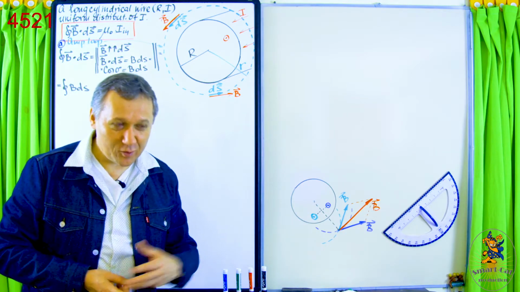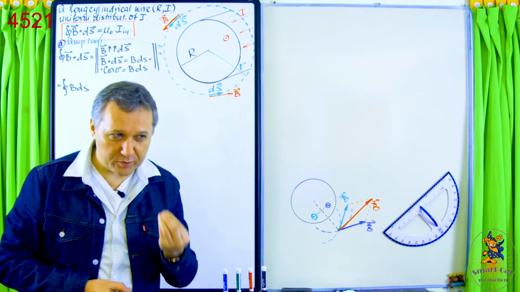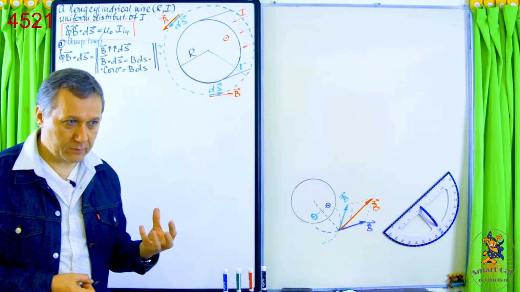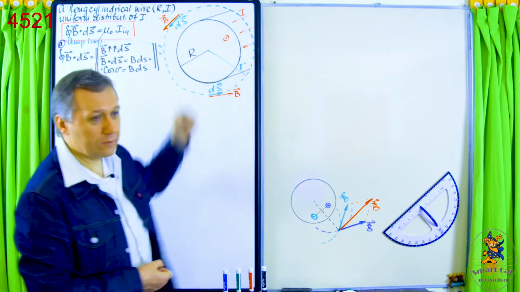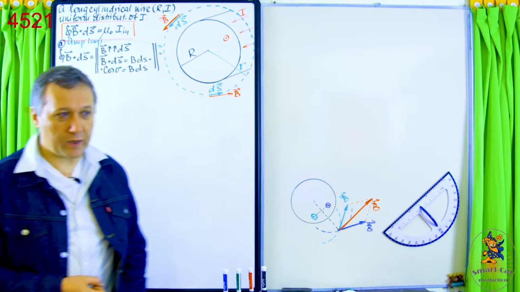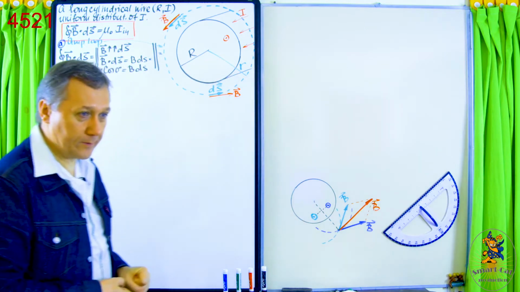So on top of being correct, we have to be smart and pick the best possible loop in order to utilize the symmetry of the problem. We pick a circle concentric with the wire, of some arbitrary radius r.